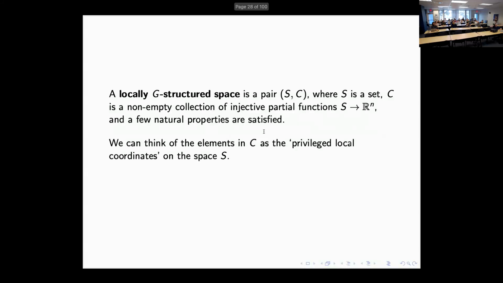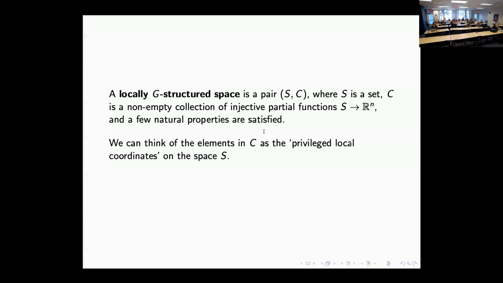Now, a locally G-structured space is a pair (S, C), where S is a set, and C is a non-empty collection of injective partial functions, so their domain might not be the entirety of S, from S to Rn, and a few natural properties are satisfied by this pair.